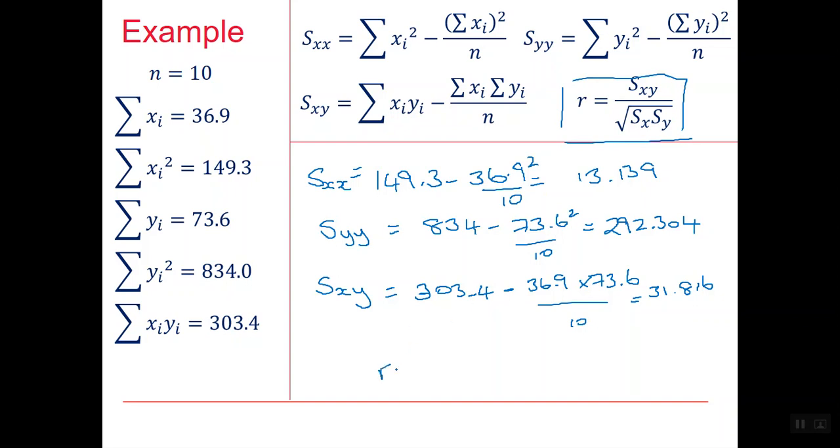So we get that R is equal to 31.816, which remember was the SXY, over the square root of 13.139 times by 292.304, which gives a final answer of 0.513, and that's to 3 significant figures.